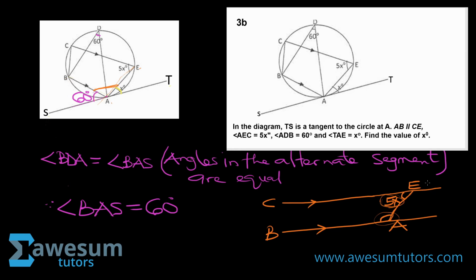CE is parallel to BA, and I've been able to draw it. In that case, adjacent angles on the transversal are supplementary. That means 5x and this angle right here, if you add them, should give you 180 degrees. So for me to get this angle, I will subtract 5x from 180 degrees.